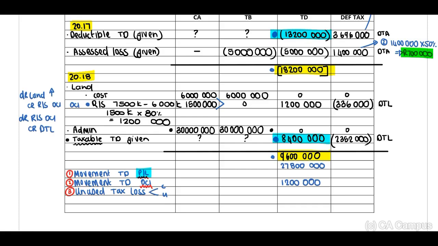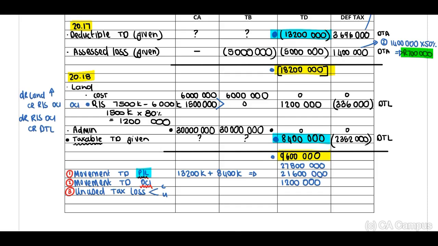Now, when we move from a negative to a positive, guys, we are moving from a negative to a positive. Therefore, this is the 132,000,000 plus the 84,000,000, and this is an amount of 216,000,000. Okay, guys, are you with me on this one?